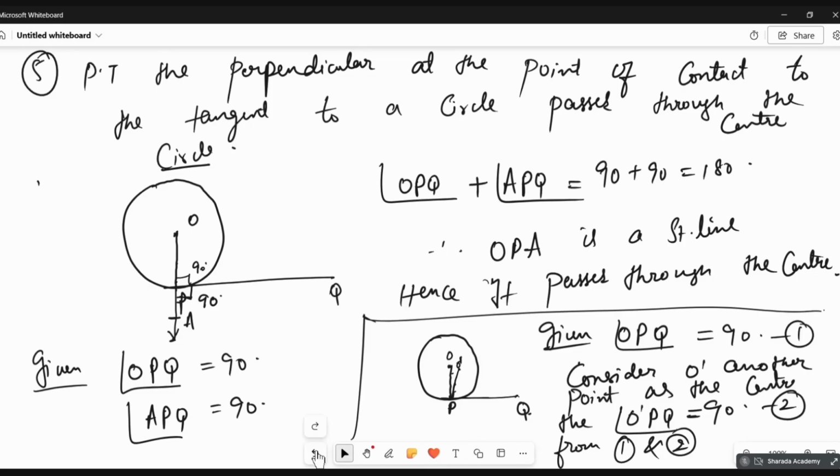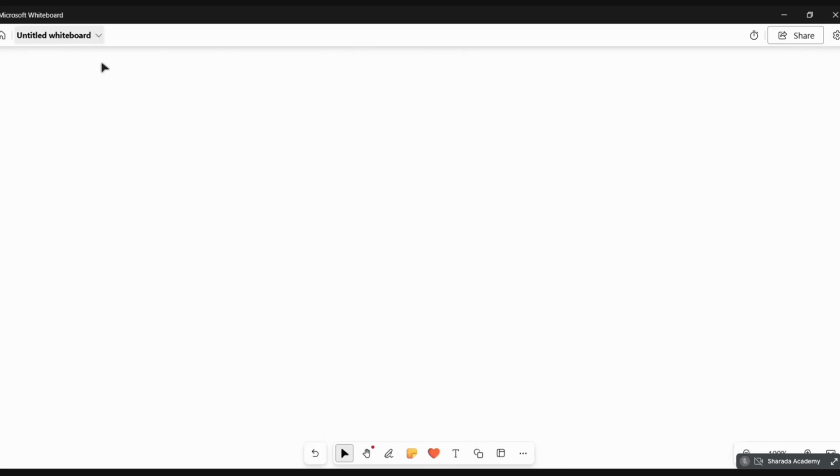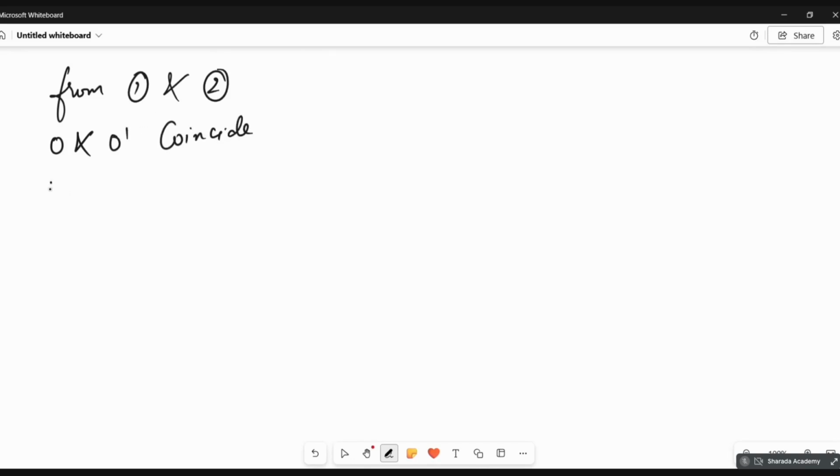APQ at the point of contact is equal to 90 degrees. So from 1 and 2, O and O dash coincide. Hence the line passes through the center.